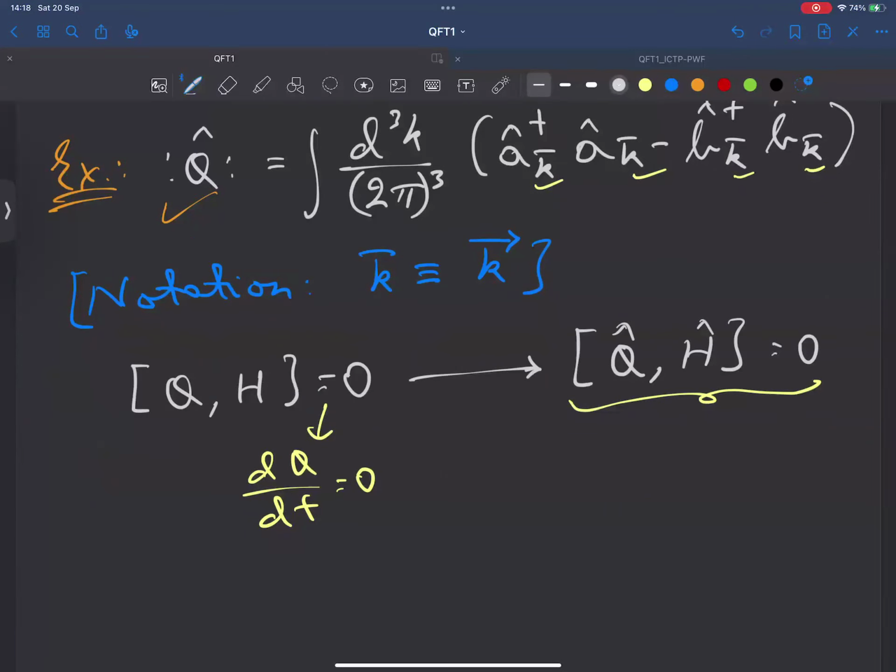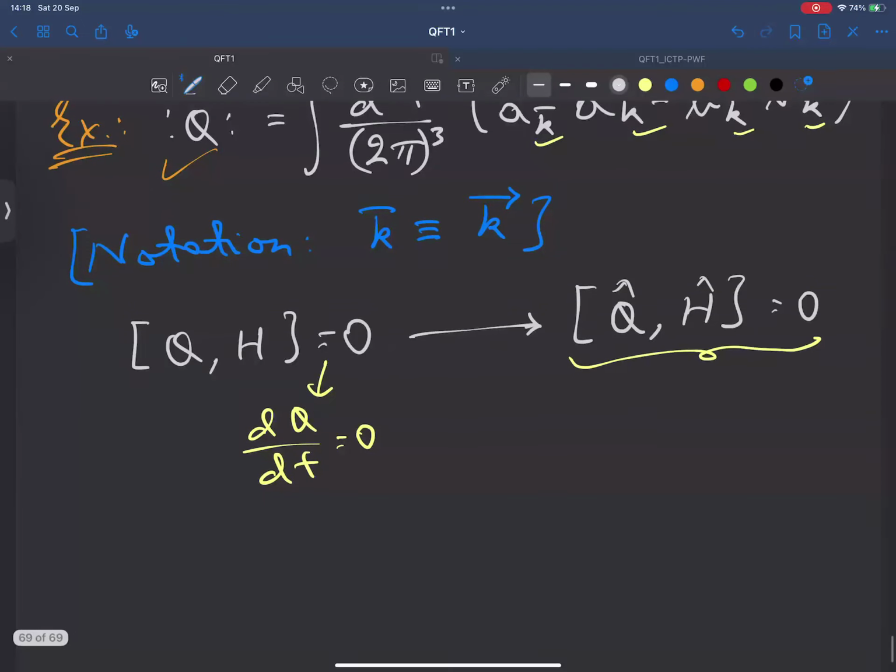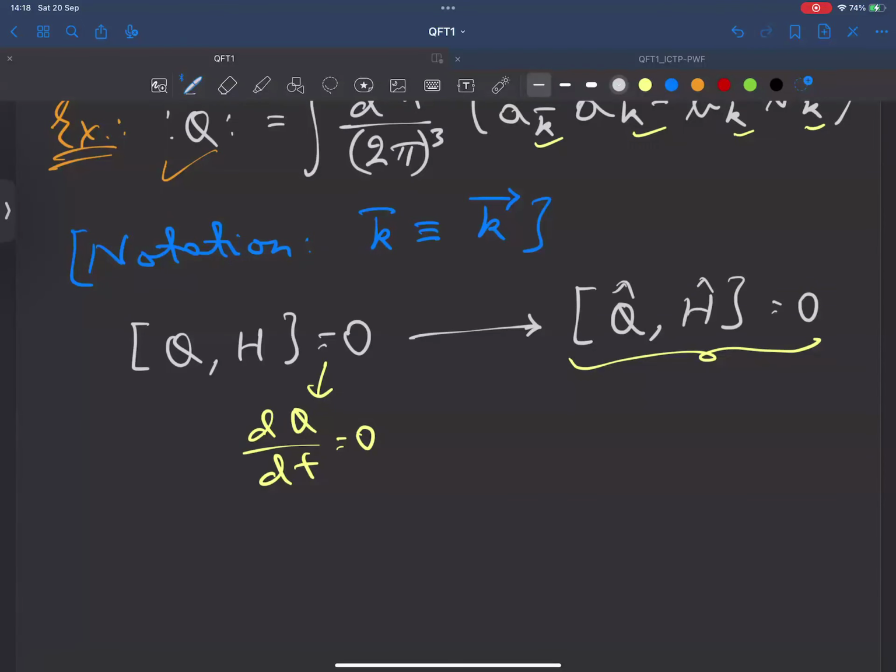There's a question, how can charge be an operator? So just like position and momentum are observables in your quantum theory, and we know that observables, which in classical physics are just functions, map to operators.